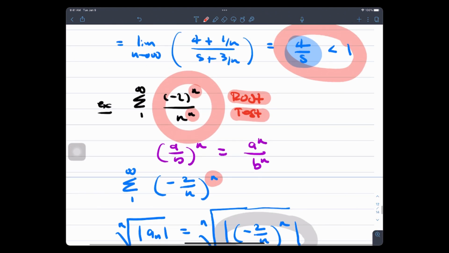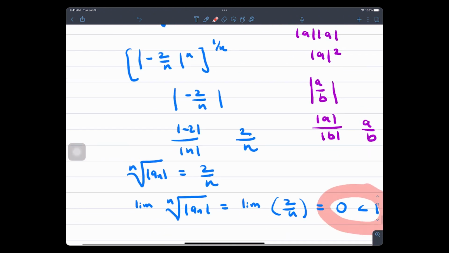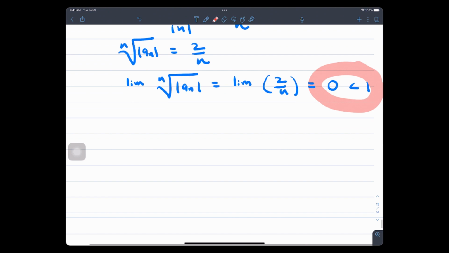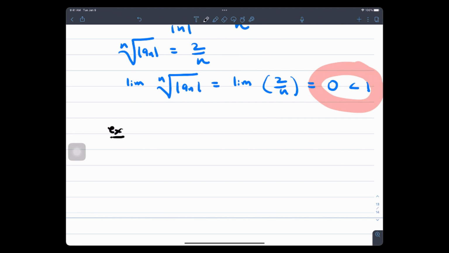Convergence by the root test. Okay, you guys okay with this one? So we're going to go through the logic of those here.